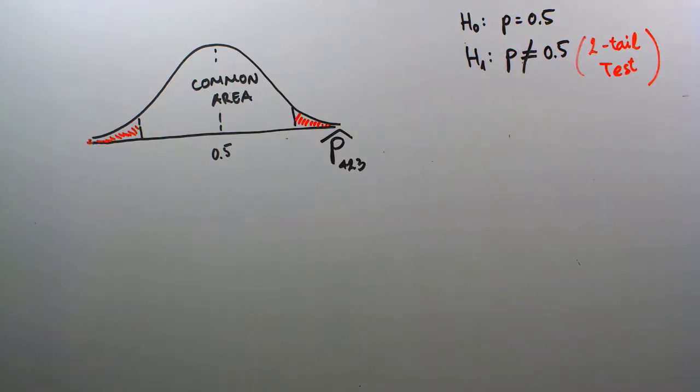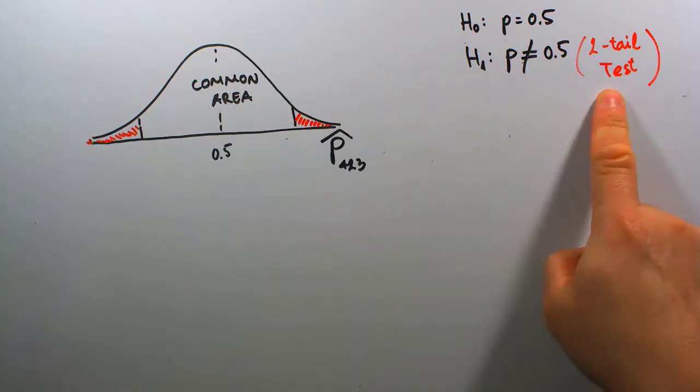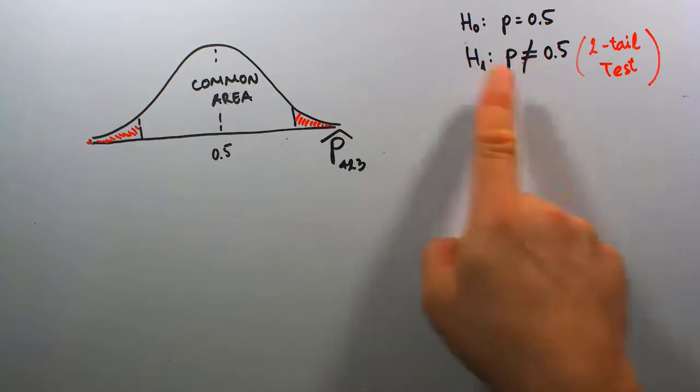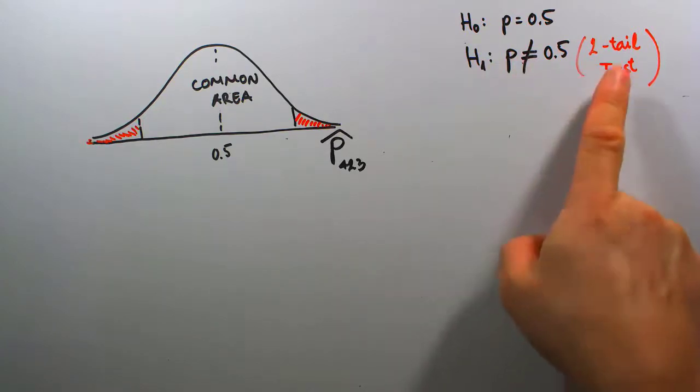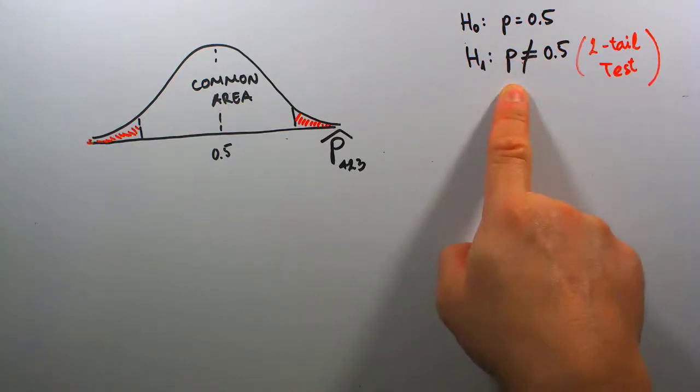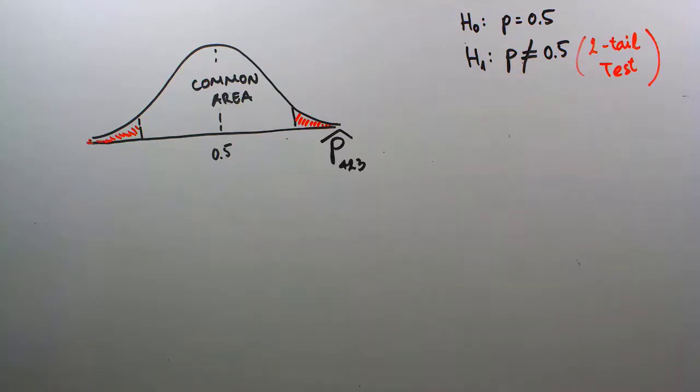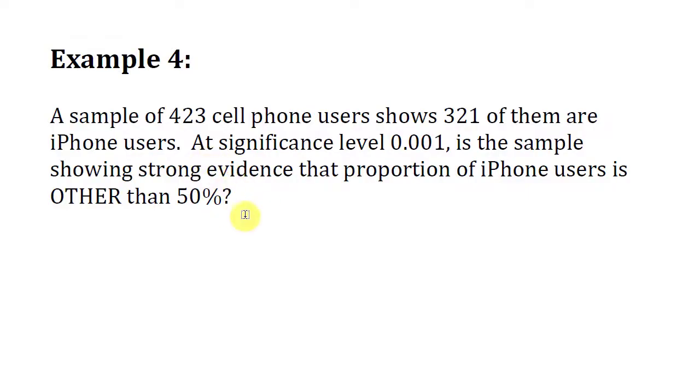Now I have to mention one more thing. Once we know that our test is a two-tailed test simply by looking at the alternative hypothesis, then this is an agreement, a convention among statisticians. Let's look back at the wording of the problem on my computer screen.